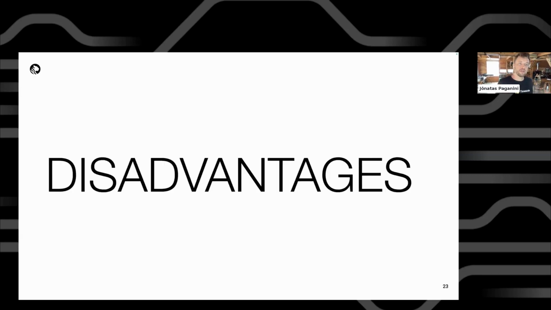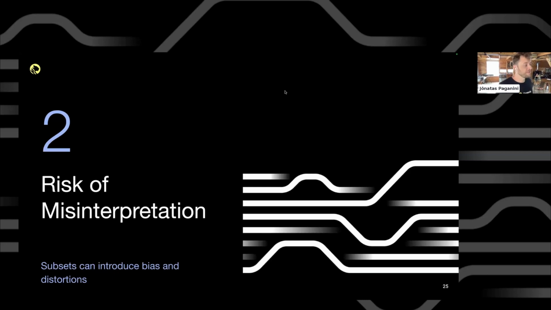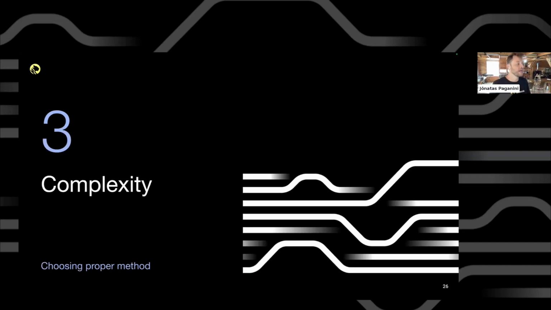Downsampling also has its own disadvantages. So let's just recap. What are the main disadvantages? Precision loss. If you need high precision, it may obscure important information. And also the risk of misinterpretation. Maybe you end up with a biased algorithm or something, because it's not looking at the entire data set, right?